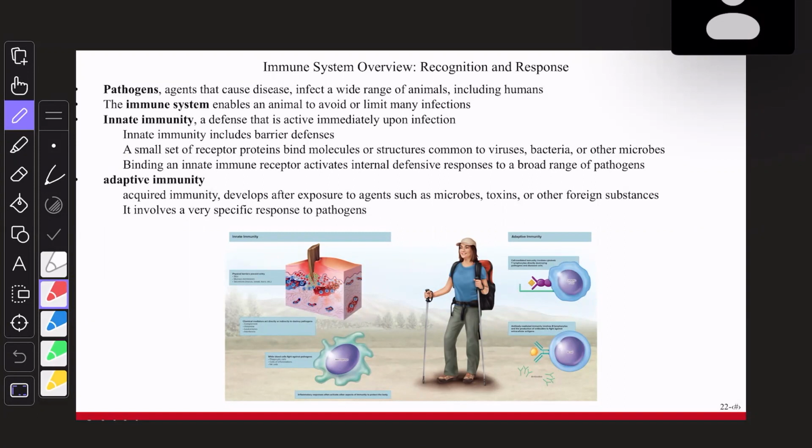The immune system, and I haven't had this conversation with you guys yet. If you remember back to A&P 1, way back in the beginning of the semester, the very first lecture, there was a section of your textbook that talked about the 11 systems of the body, right? Immune is not one of them.